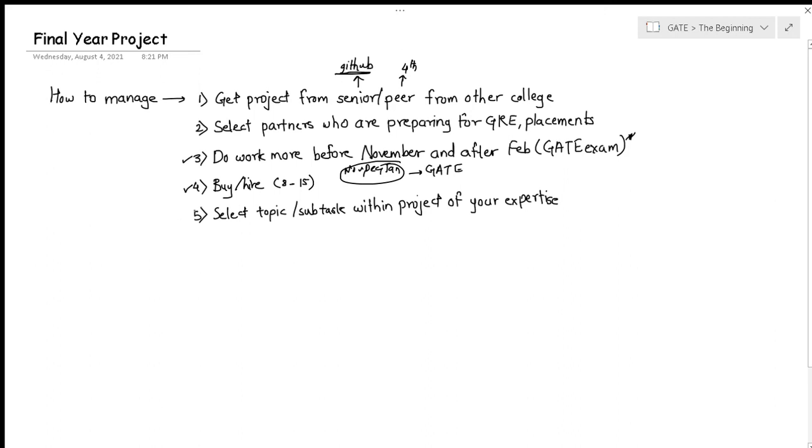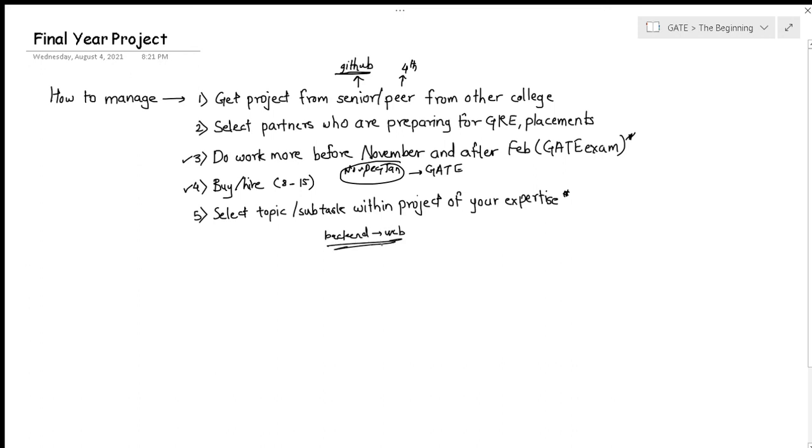Now the next one is, during the initial stage, please make sure that whatever topic you are choosing, you have good expertise in the implementation. Suppose your project involves the backend in web, so make sure that you are very good at implementing that.